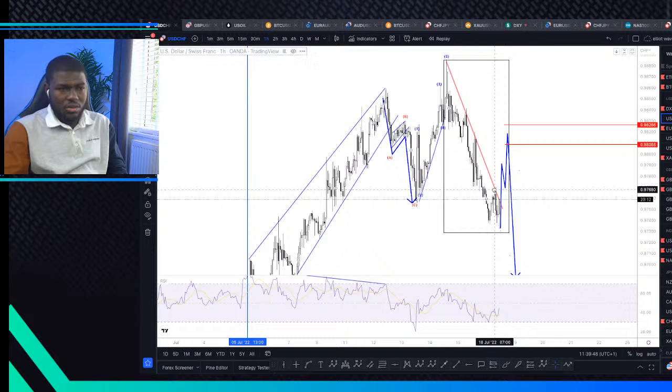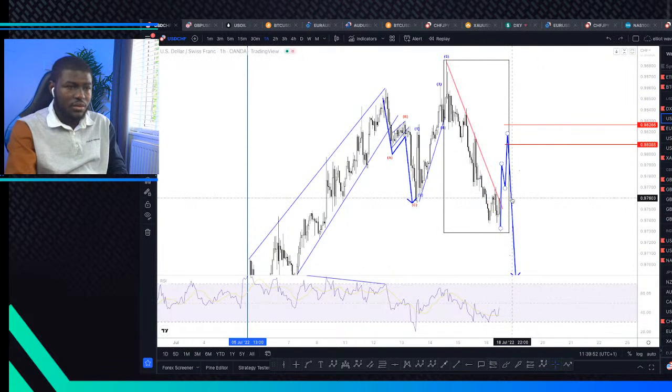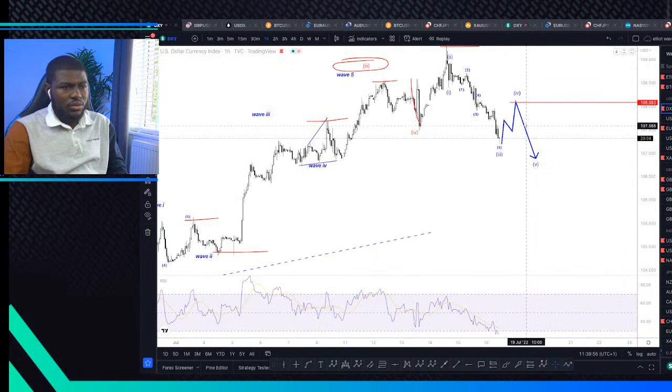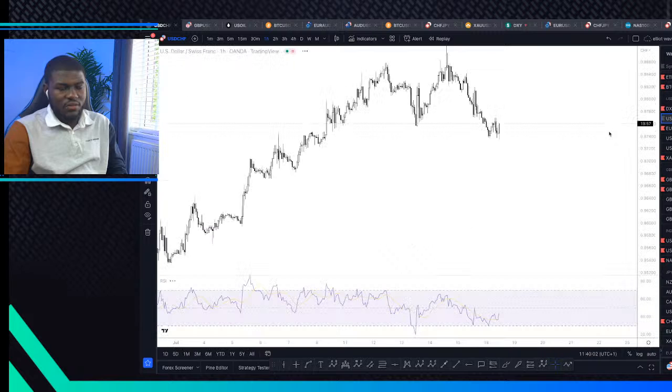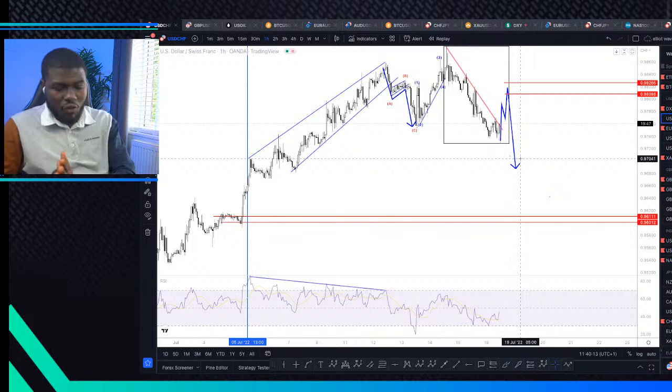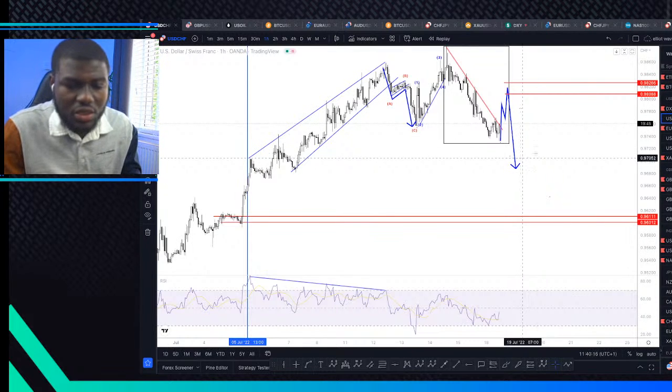So here is what we have on DXY. Let me show you so that you can compare the analysis of both. Can you see we're expecting a retracement also, then a continuation of sell. Likewise on USD, that's what we are expecting. There's going to be a bit of retracement into that territory, then we are going to sell massively from any territory down here. So that's that for my analysis on USD, guys.